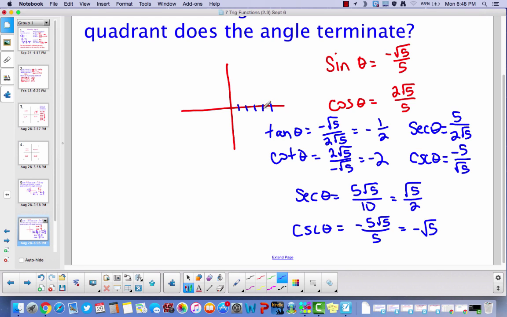And then go down square root of 5, negative square root of 5, which is about 2.23. So over almost 5, down just a little over 2. This is your triangle. Here is 2 square roots of 5. Here is negative square root of 5. And here is 5. Please make sure when you're doing this that you are drawing the pictures.